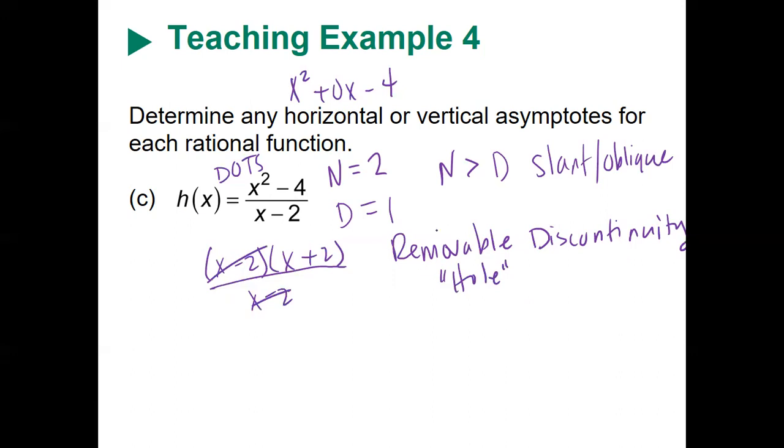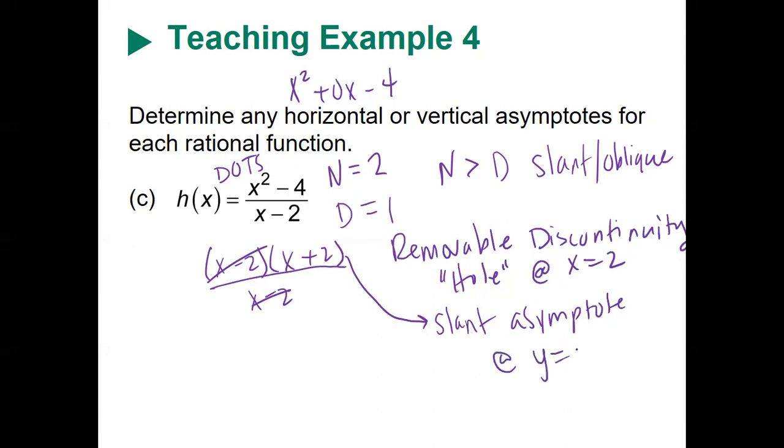There's a hole in my graph, and there's a hole in my graph at x equals 2, because that's what I took out. And then what's left is my slant / oblique. What am I left with? X plus 2. Do we see that? So x plus 2, that is my slant. So I have a slant asymptote at y equals x plus 2.